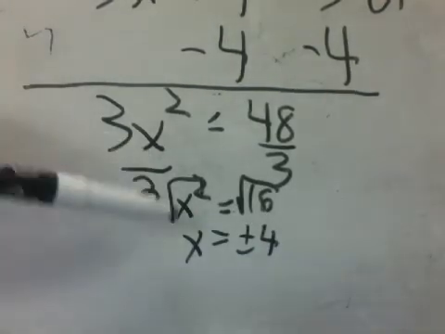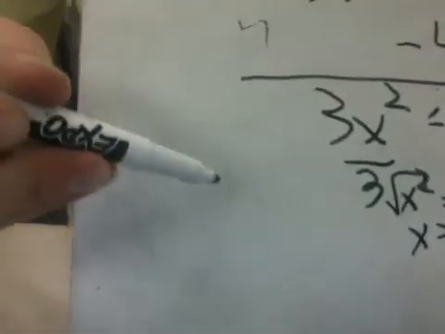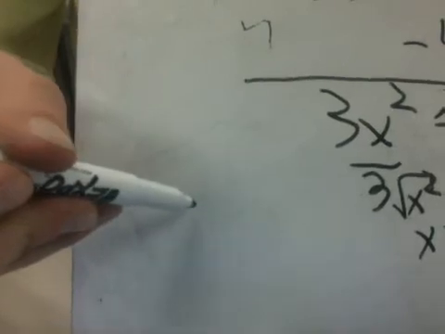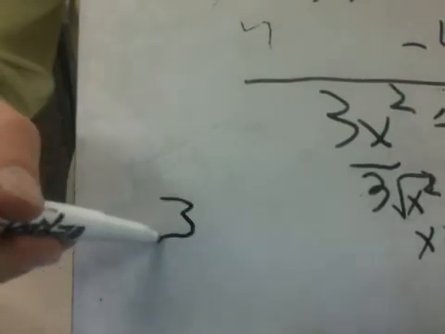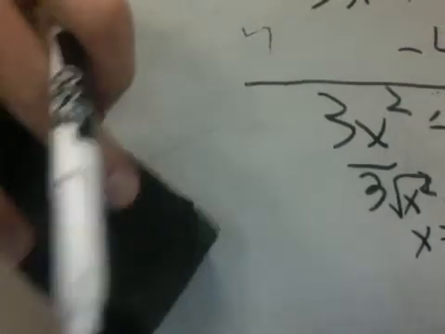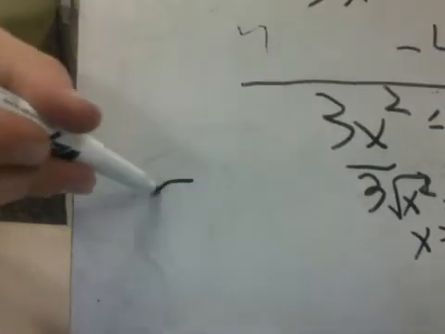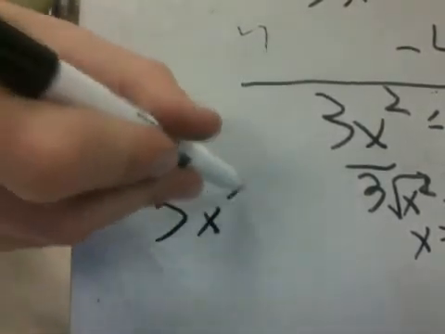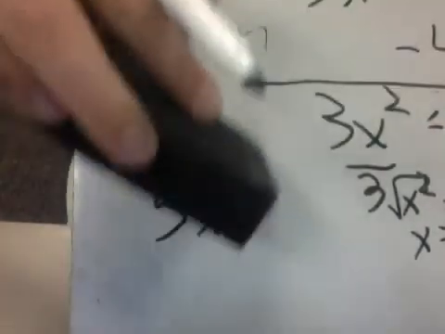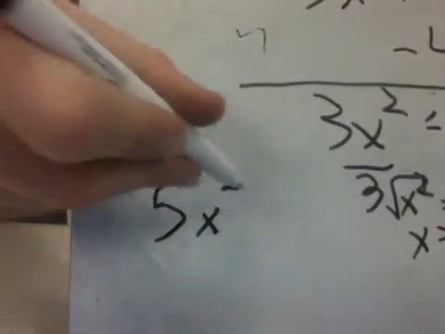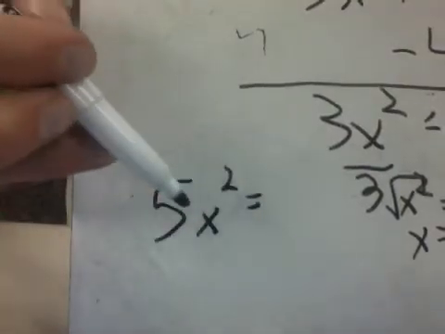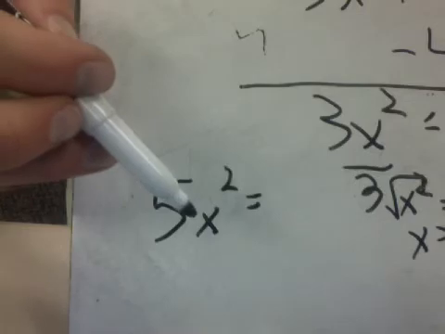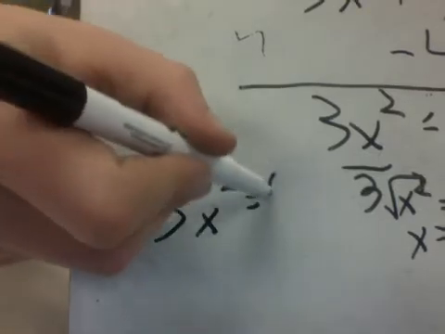The way I remember it is if you're going about an equation, like say you had an equation of 5x squared equals, let's say, 45.